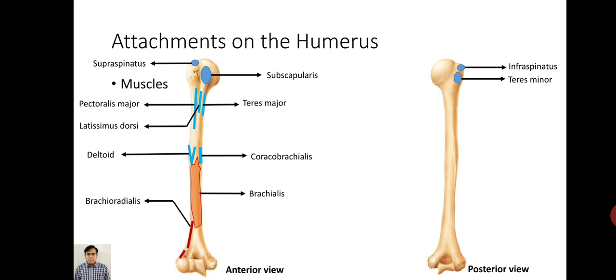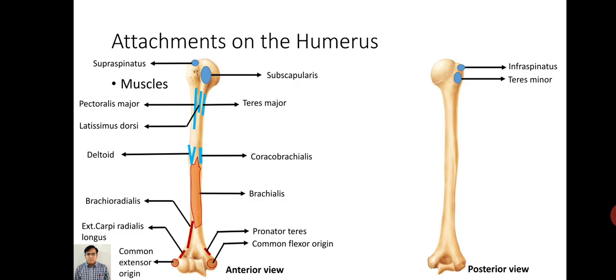And the lower 1/3 of the lateral supracondylar ridge gives origin to the extensor carpi radialis longus muscle, this one. And the lower part of the medial supracondylar ridge gives origin to the pronator teres muscle. So this is the pronator teres muscle. The medial epicondyle is the origin for the common flexor muscles, and the lateral epicondyle is the origin for the common extensor muscles.